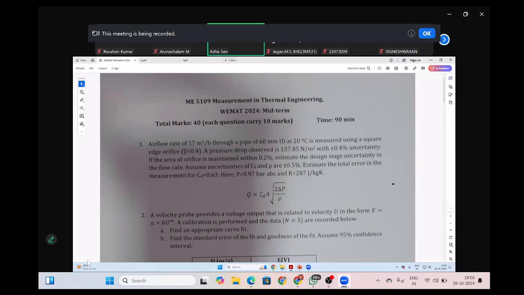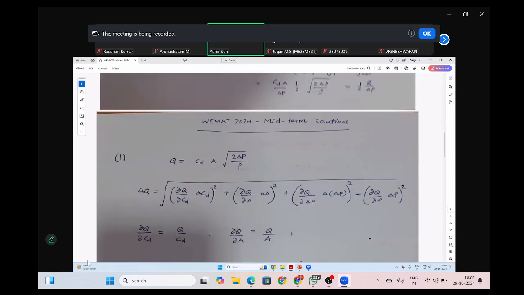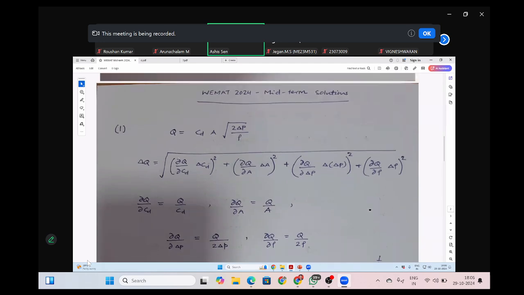Same thing we are going to do here. So this is the solution I have. I have Q is equal to CD into A square root of 2 into delta P over rho. So first, if I want to know the uncertainty in Q, it will be del Q over del CD into delta CD whole square, plus del Q over del A into delta A whole square, plus del Q over del delta P into delta of delta P whole square, plus del Q over del rho into delta rho whole square, all under a square root.